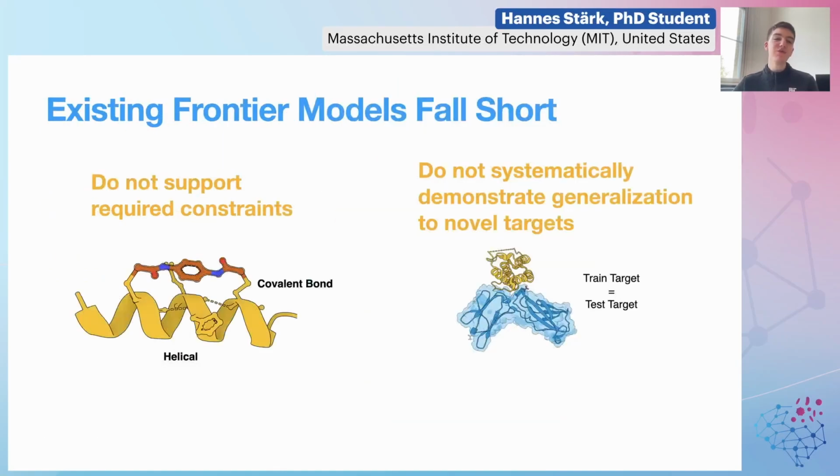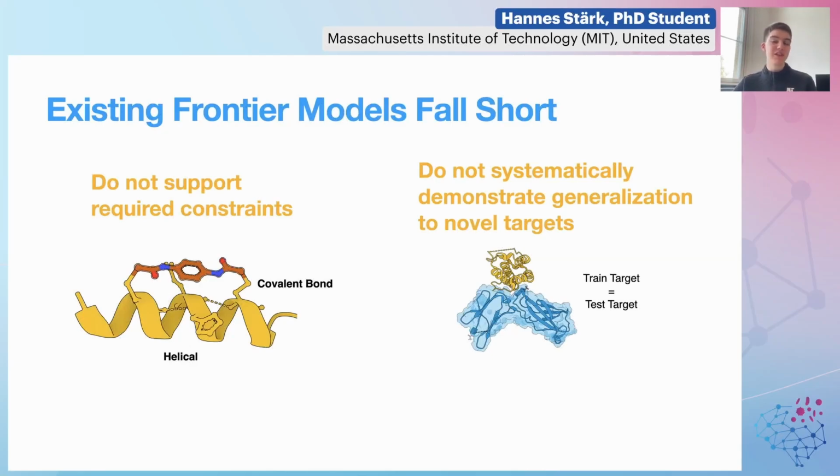But now, for just this one example, the existing frontier models would already fall short. First, they do not support the required constraints that the human experts in this collaboration want to impose on the designed peptides. And second, third telomerase is a novel target in the sense that there are no existing peptides or structures bound to the third telomerase protein yet.